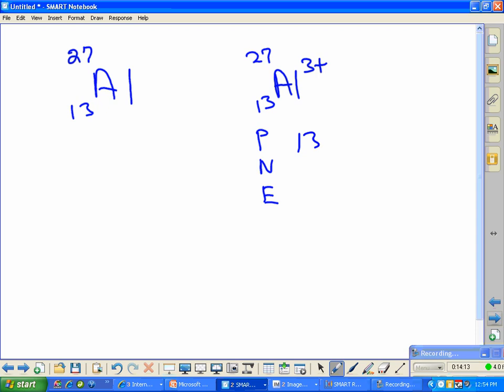Very good. And how are we going to figure the neutrons? Subtract. Excellent. Okay, so this is 14. The 2 together should add up to 27, and we're good. And what are we going to have for electrons? Yes, we're minus 3 of the electrons. Very good, Linda. So we're down to 10.